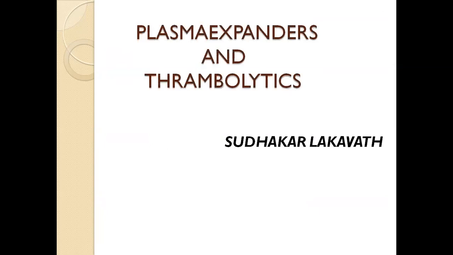The important colloidal solutions are human albumin, dextran, polyvinyl pyrrolidone, etastarch and degraded gelatin polymer. Crystalloid plasma expanders include normal saline, hypotonic saline, and 5% dextrose.